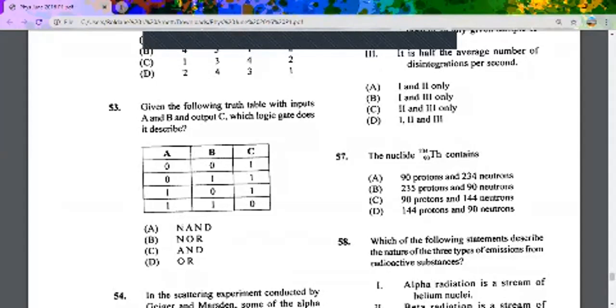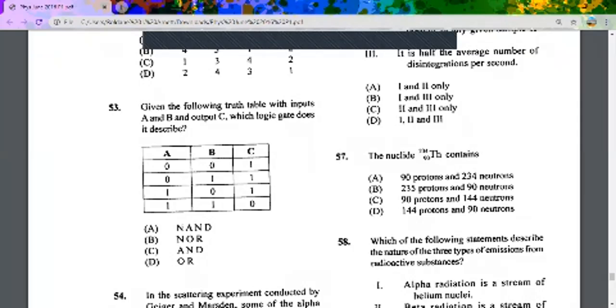We know for the OR gate, the second and third pair of inputs would be true, but also the last one would be true, so it can't be an OR gate. Well, how about a NOR gate?